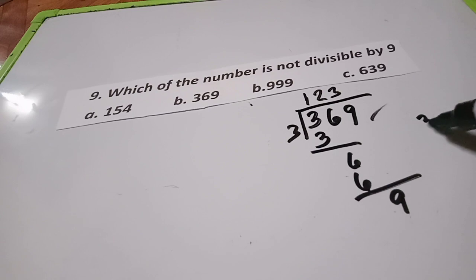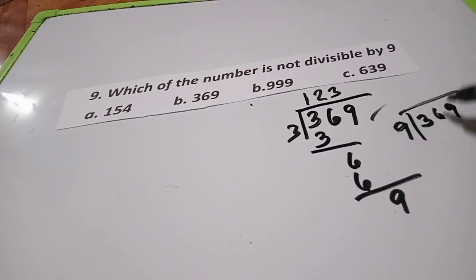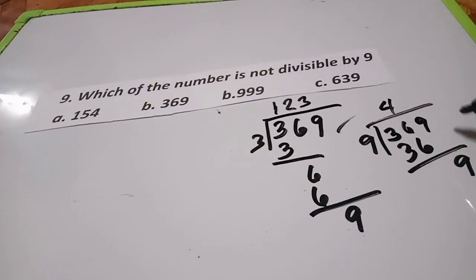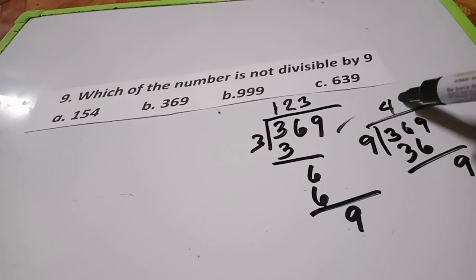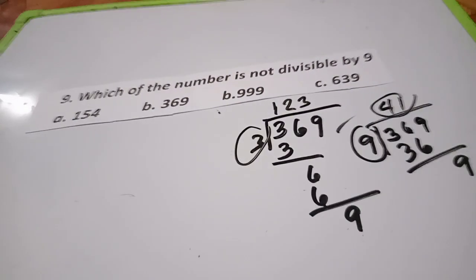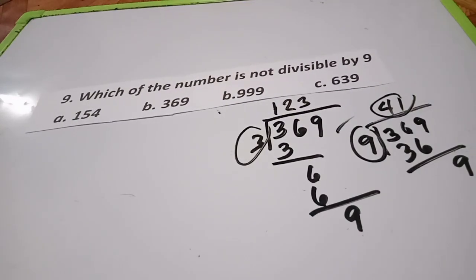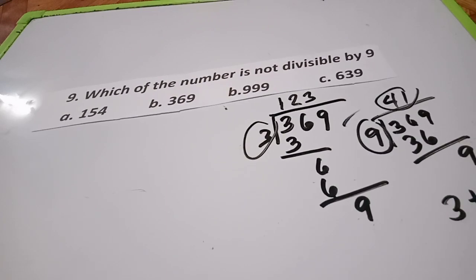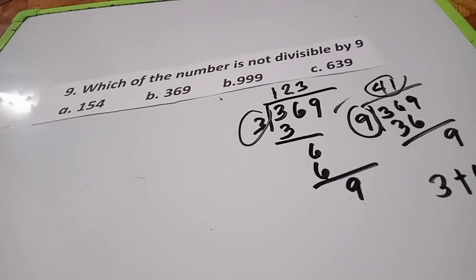And one of the ways is this: 36 is divisible by 9. So 36 divided by 9 is 4. And then 9 divided by 9 is 1. So, mostly are divisible by 3 and 9. And if you will add 3 plus 6 plus 9, so 3 plus 6 is 9.